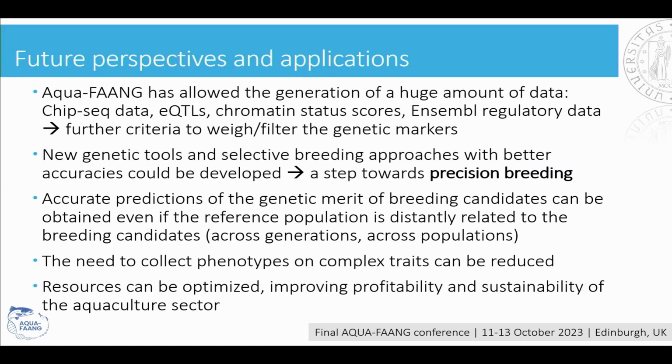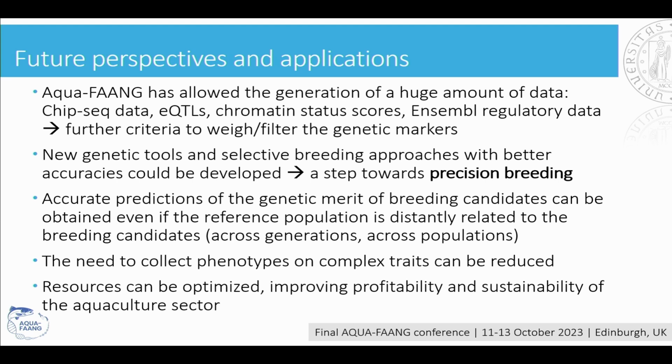So just to see what the future perspectives are, AquaFAANG has allowed the generation of a huge amount of data. These were just very preliminary results integrating ATAC-seq output into genomic prediction. But we also have ChIP-seq data, eQTLs, chromatin status scores, and some regulatory data.